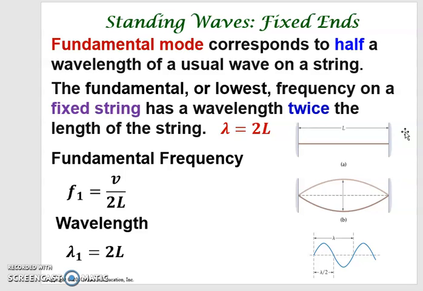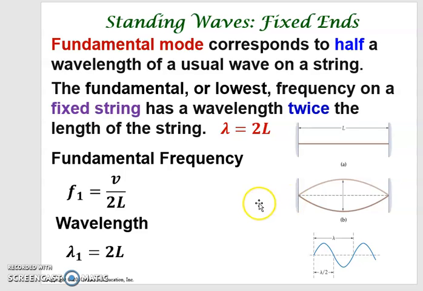Here we are going to define the so-called fundamental mode, which you can consider the base, the lowest frequency that can be produced. As you have learned before, if you have fixed ends, these points will not move with respect to the wave. They are always there.